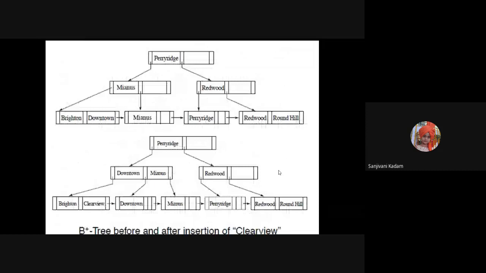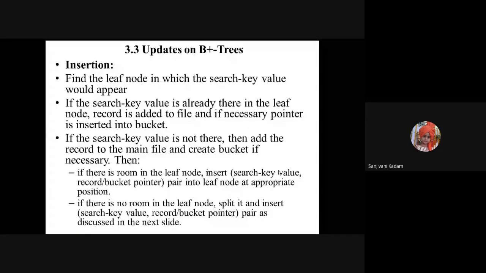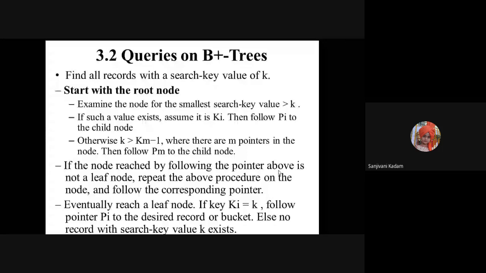So here, for the leaf node, we know that we should have a minimum of n minus 1 by 2 nodes, and a maximum of n minus 1 nodes. This is the requirement for every node.